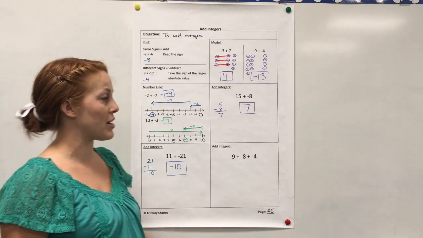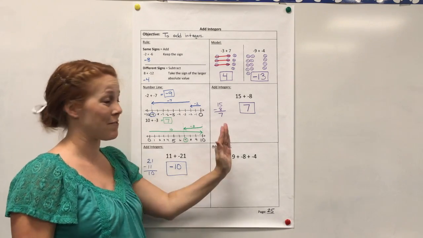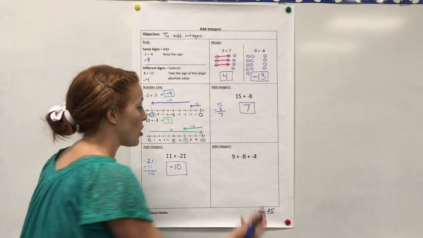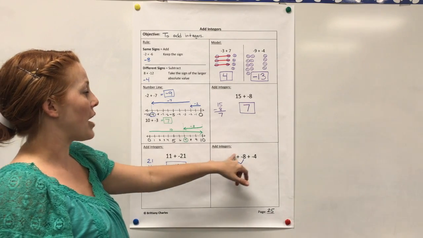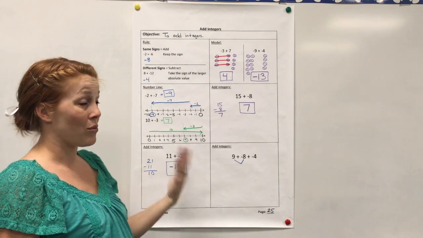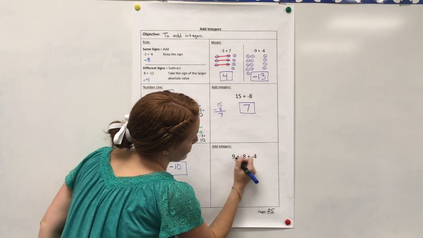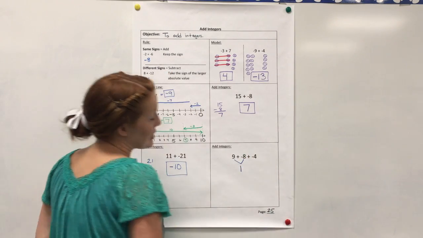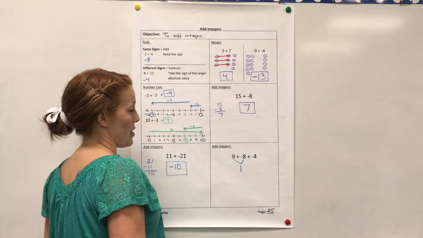Okay, and hopefully you've gotten to try this one. This is kind of like order of operations. You would just go from left to right since it's all adding. So I'm going to start by doing this pair. Well, 9 plus -8, they're different signs. So different signs, subtract. So 9 minus 8 is 1. Sign of the larger, 9 is bigger than 8, so it's going to be a +1.